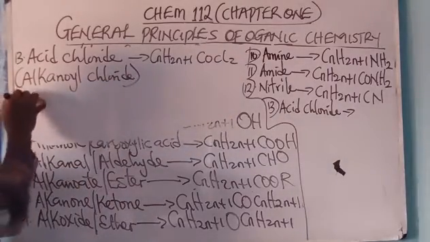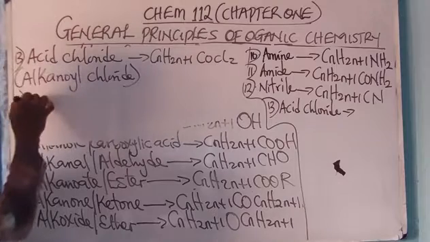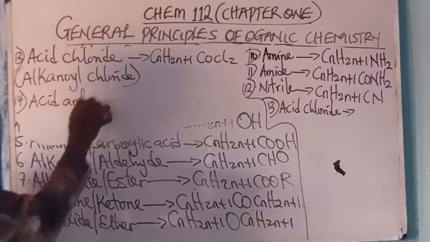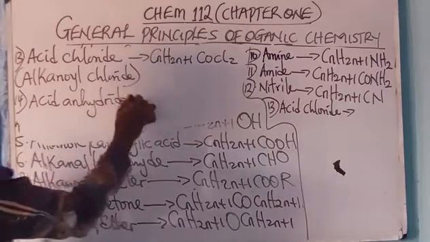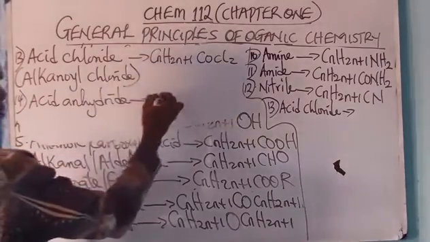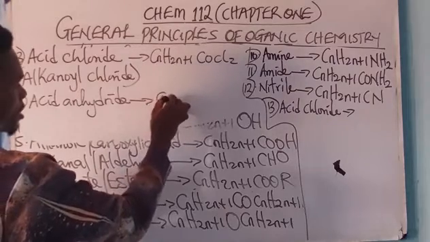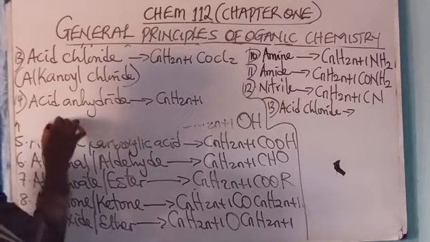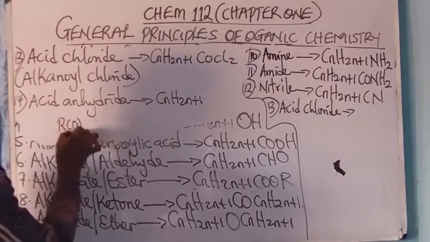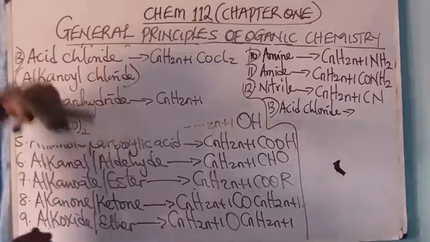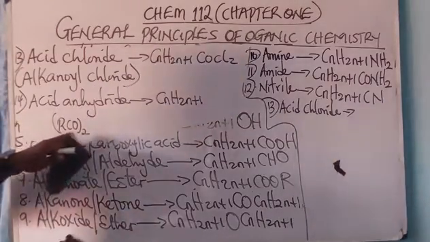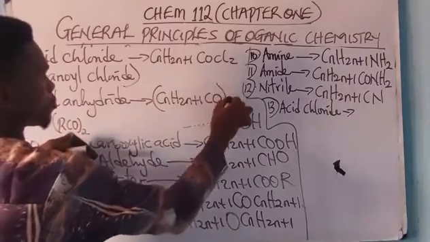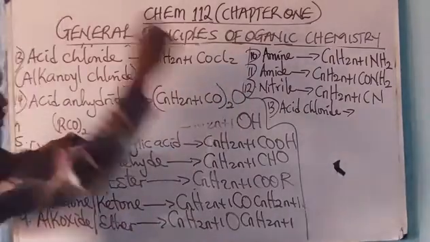Now you have number 14, acid anhydride. Acid anhydride is CnH2n+1CO-O-COCnH2n+1.